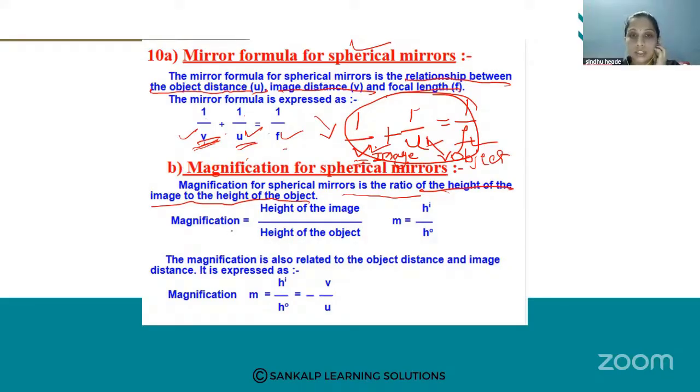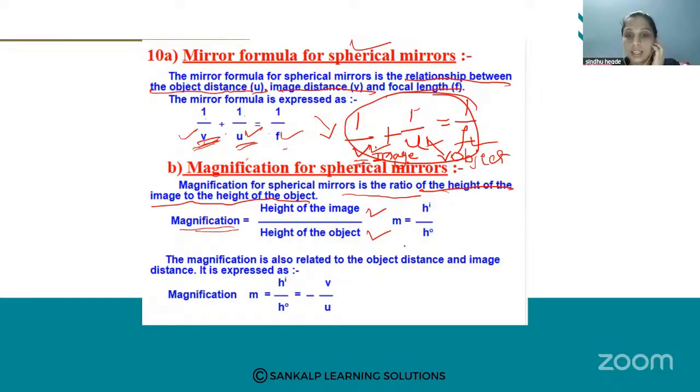This is also one of the formulas that comes. What is that? The magnification formula gives the relationship between the height of the image and the height of the object. Magnification is equal to height of the image divided by height of the object.